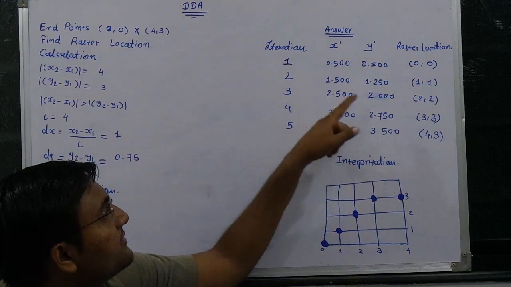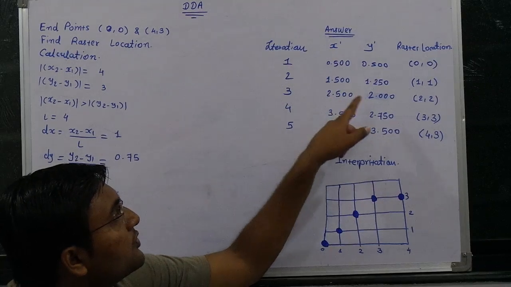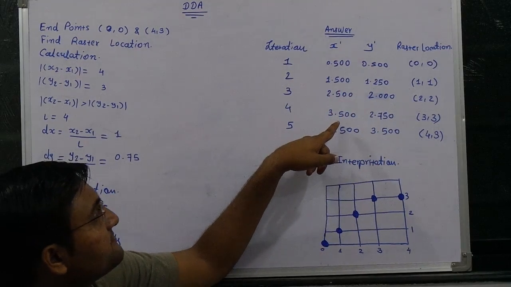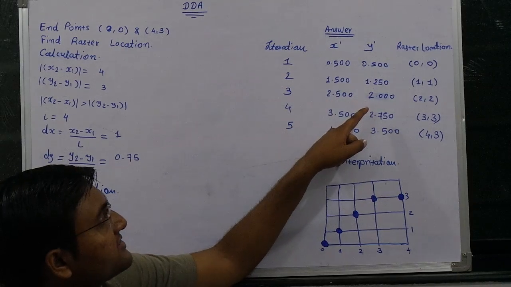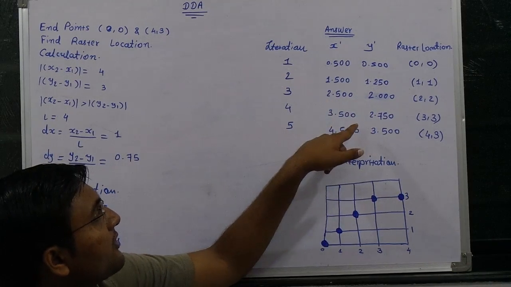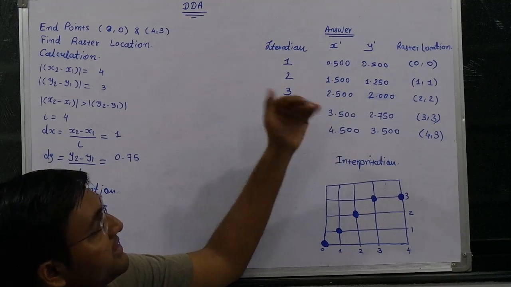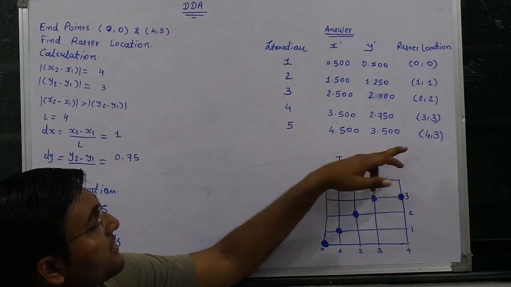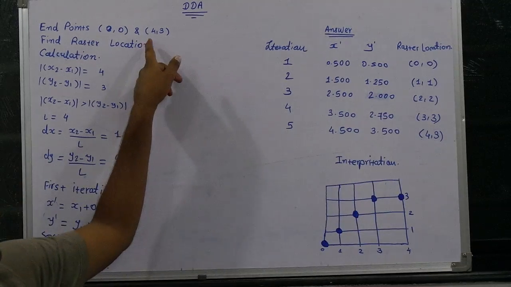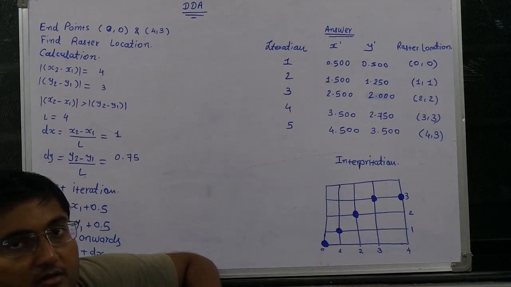So now the raster location will be 2 and 2. For the third iteration, the x and y values will be these ones, and we need to find out the fourth iteration. The x and y values will be the above ones. In the same manner, we continue up to the last point of the DDA algorithm.